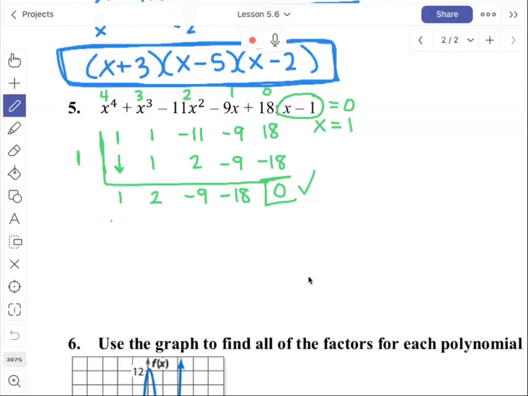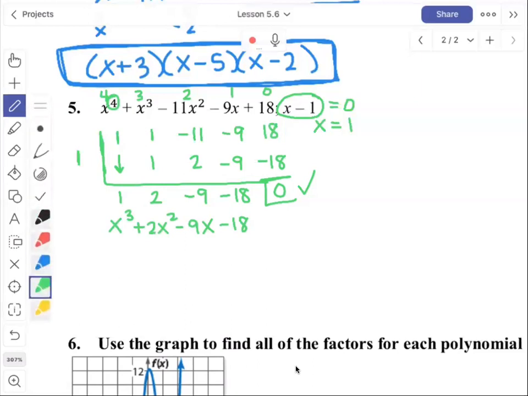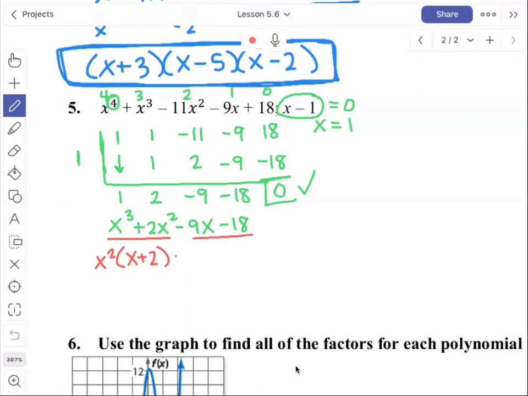Now we have 4 terms here, which means I need to factor this using grouping. All right, so let's group the first 2 terms, pull out the x squared. Group the second 2 terms, I'm going to pull out the -9. And when I pull out the -9 from the -18, I actually do get +2.